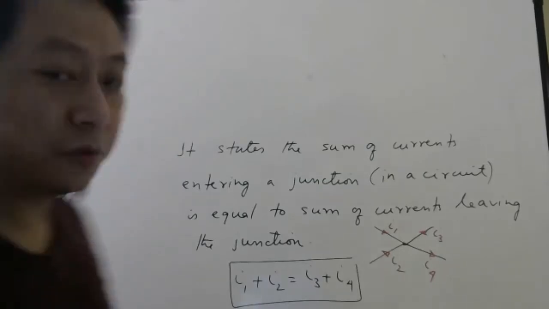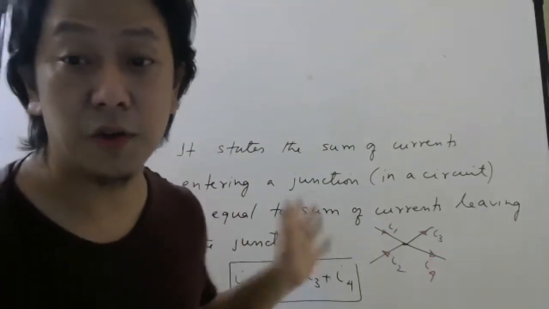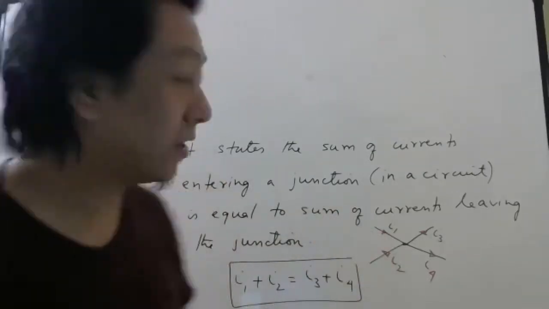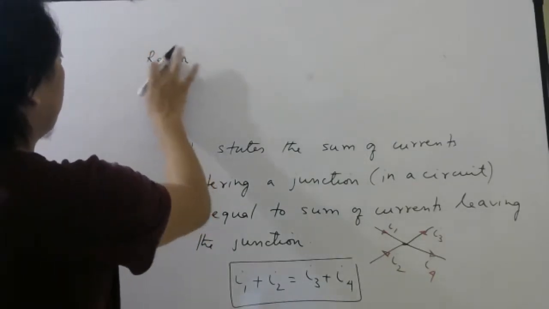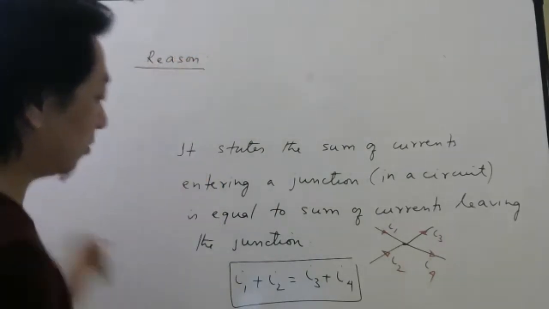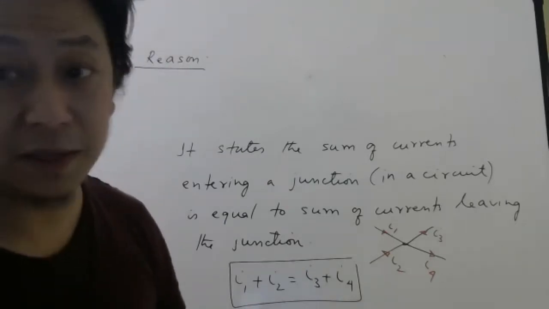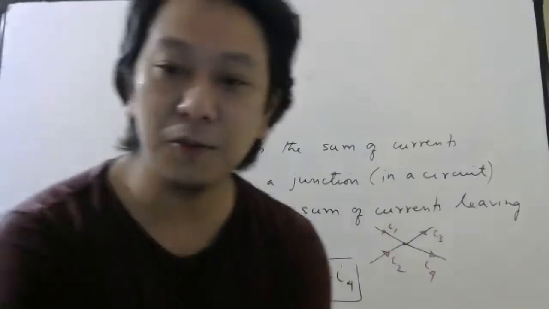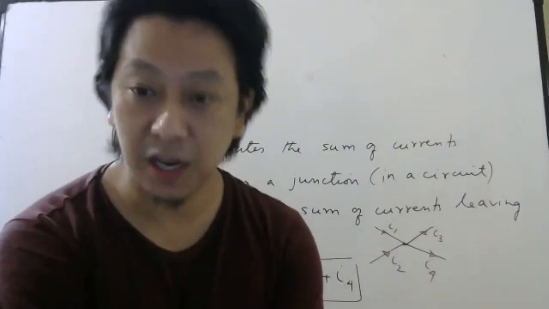Now they may ask you for 1 mark sometimes, what is the reason behind this law? What you do is multiply by time interval on both sides. What will be current into time? Charge.